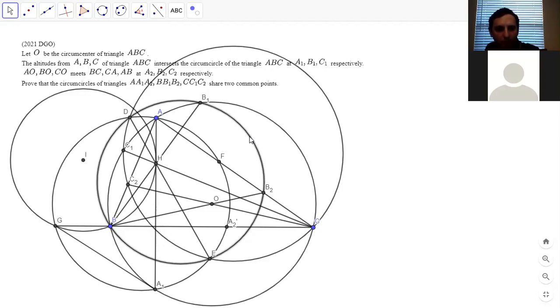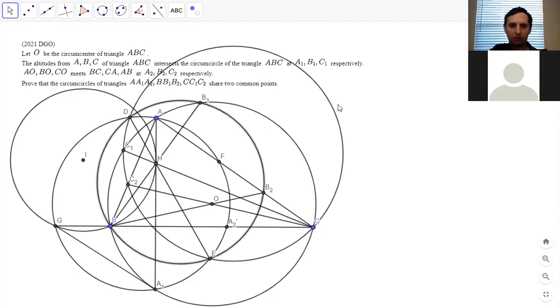So yeah, I'm trying to use the power ratio lemma. So we know A1 and A. So we know the ratio of the powers of A with respect to that and this. So these are the two circles, right?